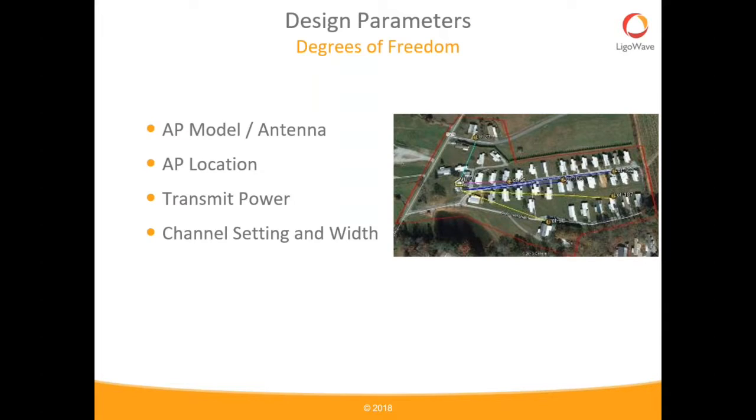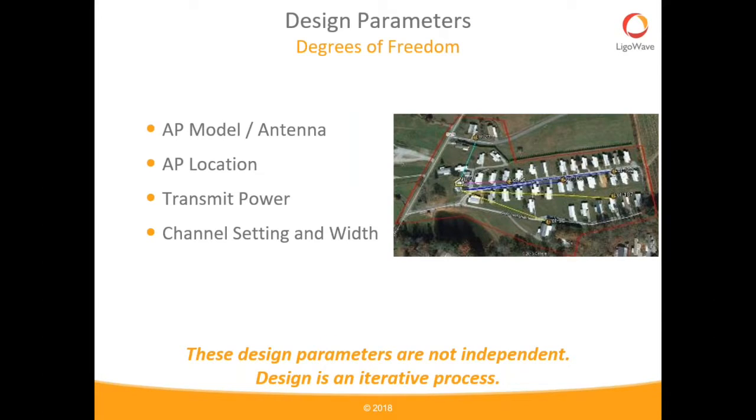When we talk about 5 gigahertz and 802.11ac links especially, our equipment lets you pick channels all the way down to 5 megahertz and all the way up to 80 megahertz. There are some trade-offs in terms of what channel size you want to pick, which we'll talk about a little later in the presentation. But these are the degrees of freedom that you have.